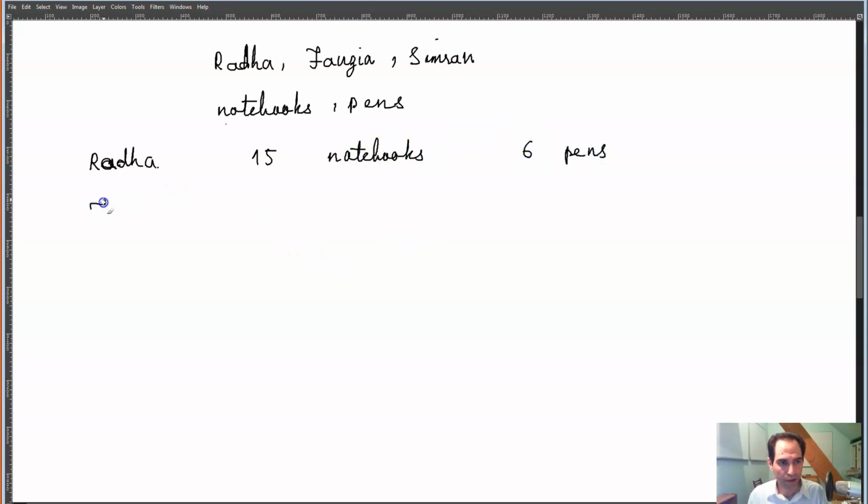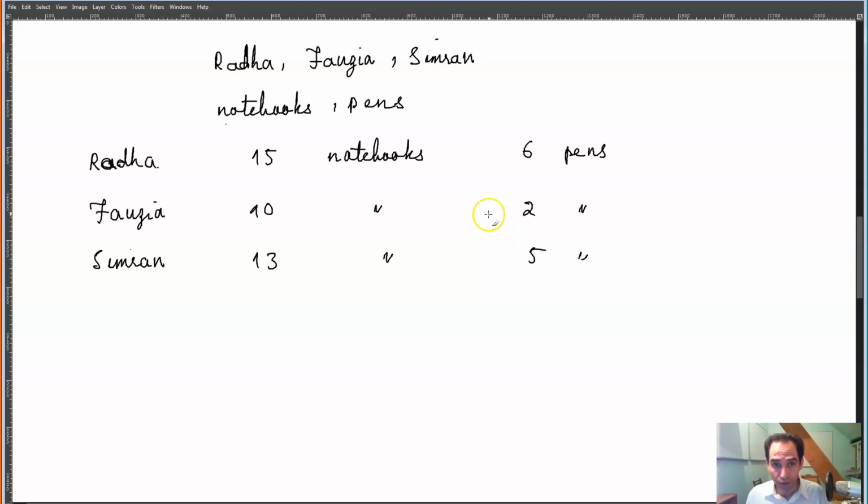Then you have Fazia, he or she has 10 notebooks and 2 pens. And Simran has 13 notebooks and 5 pens. Okay.